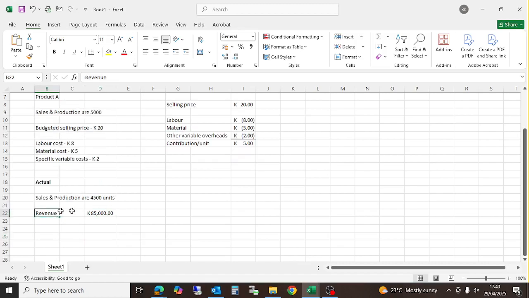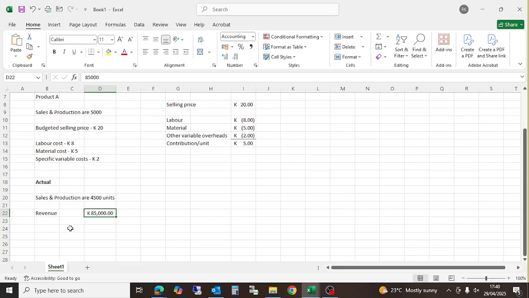Since we are just looking at sales, this information is enough. But if we were to look at a full one, like the material and labor variances, then we would need all the actual material cost and actual labor cost. Right now, I'm only focusing on the sales volume and the sales volume contribution variance.